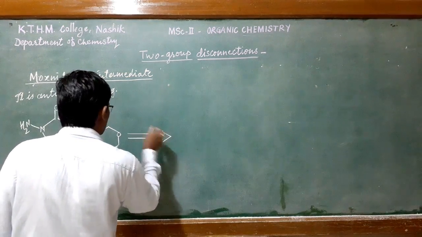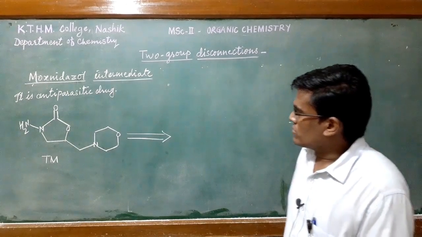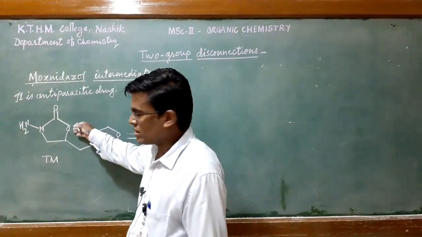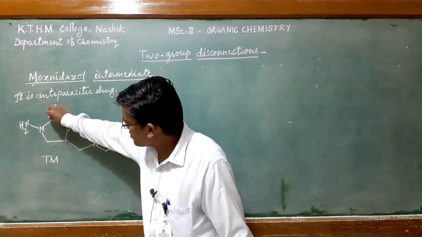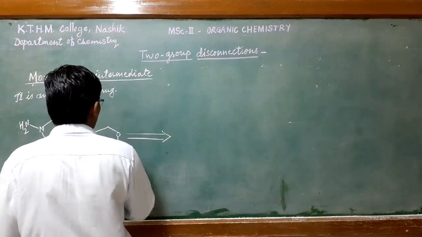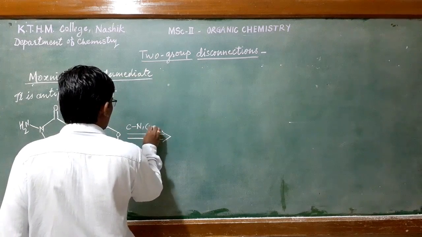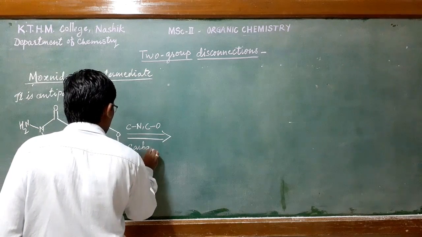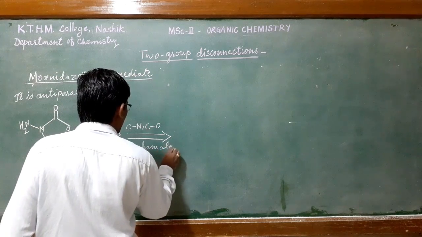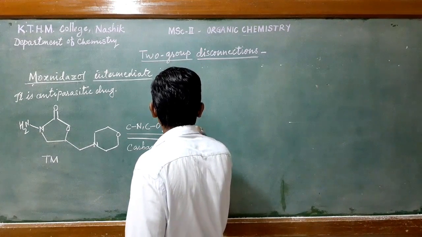So let's put this retrosynthetic arrow. So when you look at this molecule, you will observe there is a presence of this carbamate group. So the obvious disconnection would be this carbamate disconnection, C-N and C-O, that is the carbamate group. So we will disconnect this.